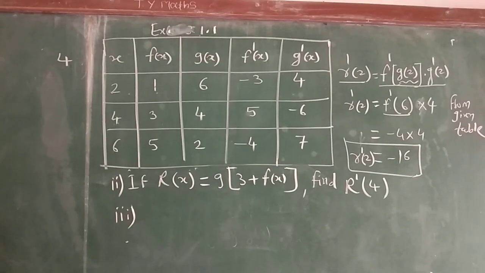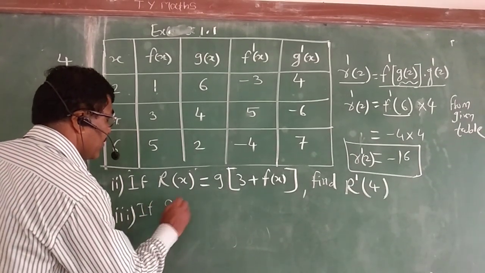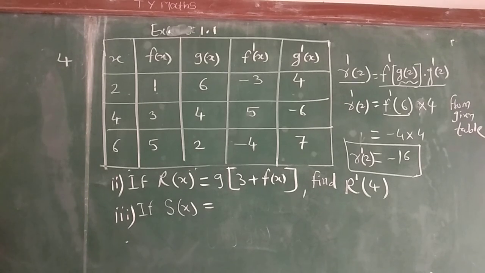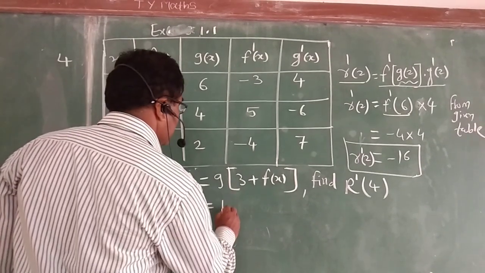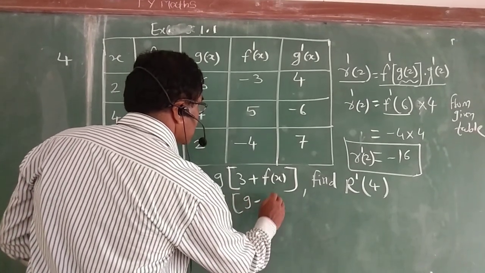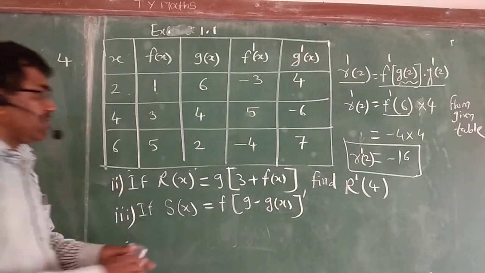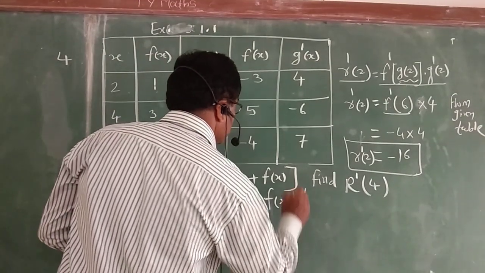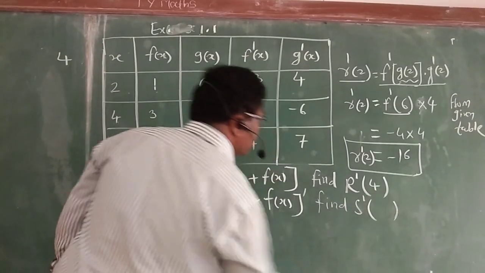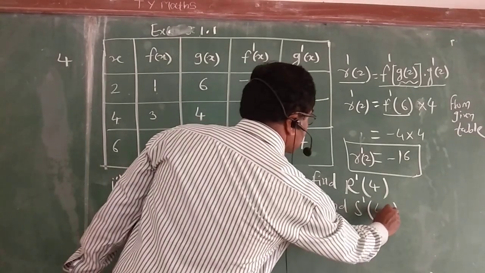Example number 3, if s of x equal to f of 9 minus f of x, find s dash of 4.